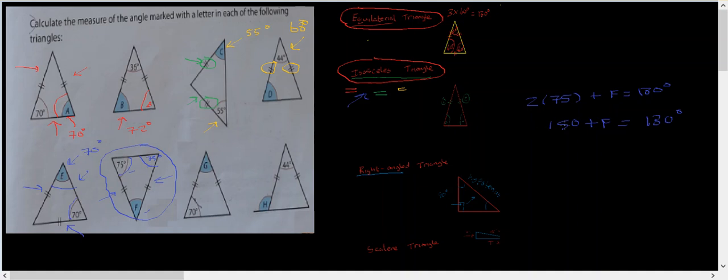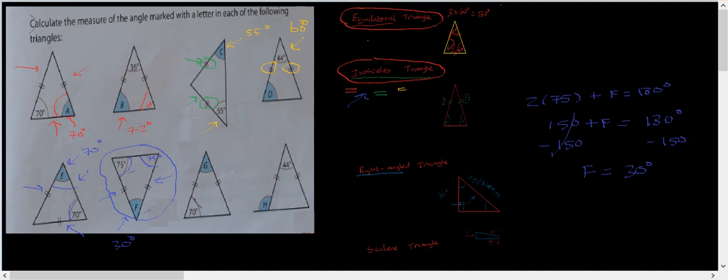So this is plus 150, so we have to minus 150 from this side. If we minus 150 from this side, we have to minus 150 from this side. So these two will cancel out. And F then is going to be equal to 180 minus 150, which is 30 degrees. So therefore, F in this case is 30 degrees.